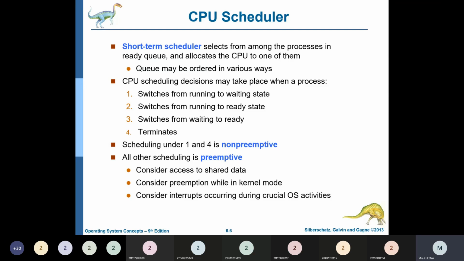That is the difference between non-preemptive and preemptive. In preemptive, the process forcibly gets terminated without completing. But in non-preemptive, there is no other way, the process has to complete. However, the time taken may be very long.